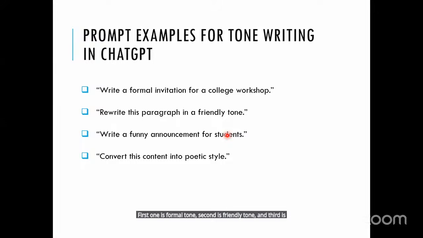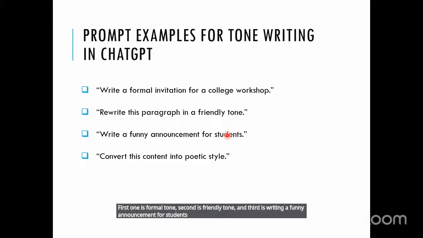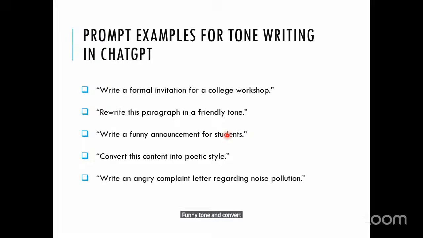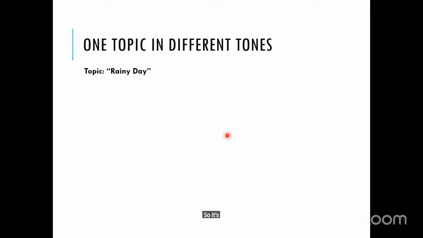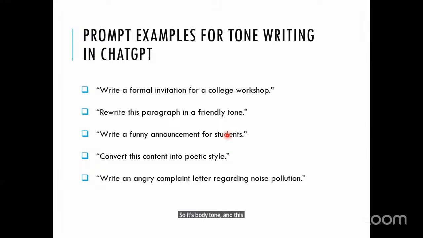Funny tone, and convert this content into poetic style. So it's poetic tone and this is an angry tone. Write an angry complaint letter regarding noise pollution. So fine. Whichever prompt you like, just try for this. In all the five tones, I have given one example. Try for it.